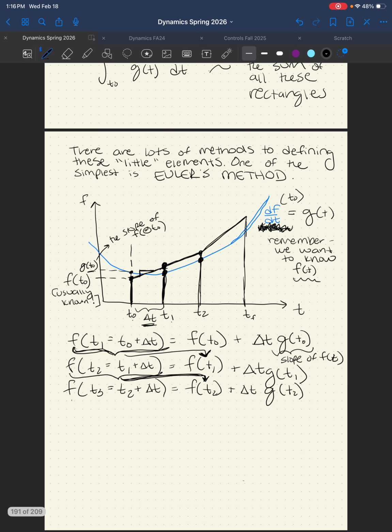All right, and one of the most important things to know is that we get to choose delta t, right? But delta t sets how coarse our approximation is.